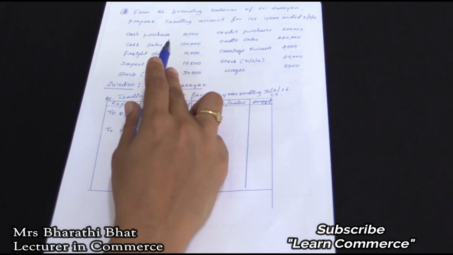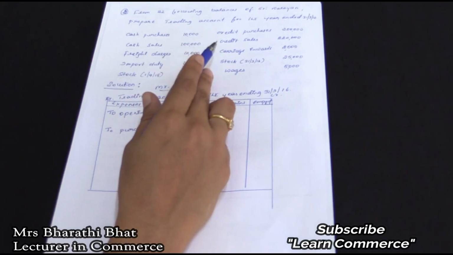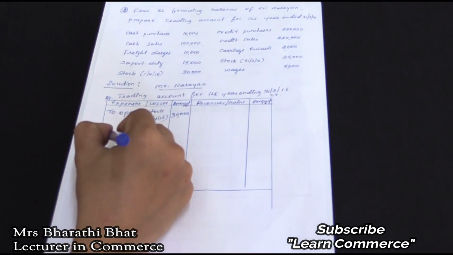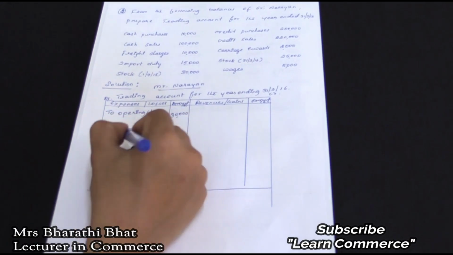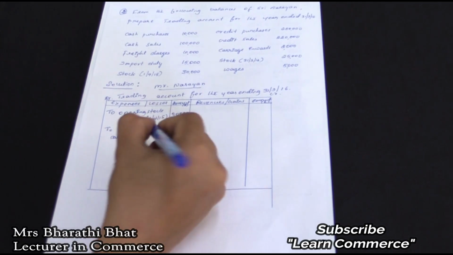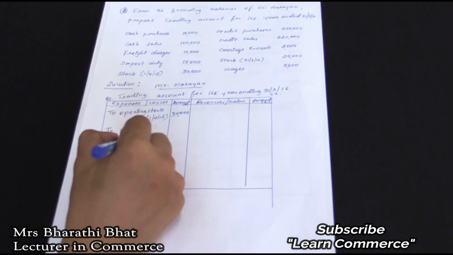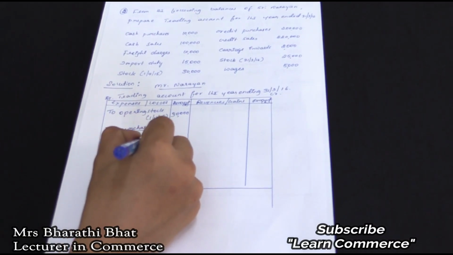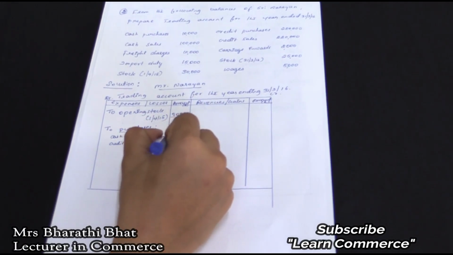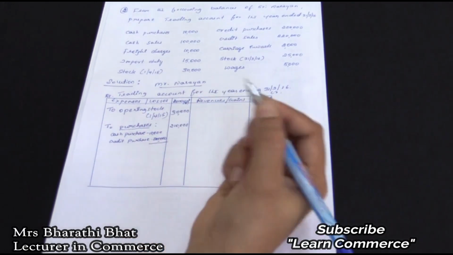Purchases are given in cash as well as credit, so you just need to add both purchases: cash purchase 10, credit purchase 2 lakh. So 2,10,000 in the amount column.